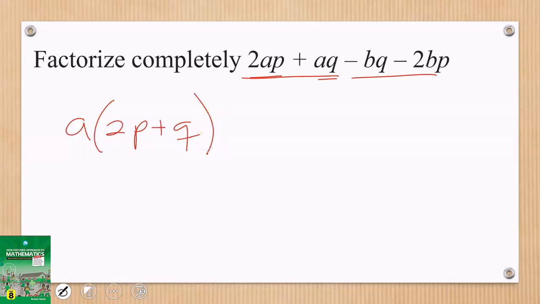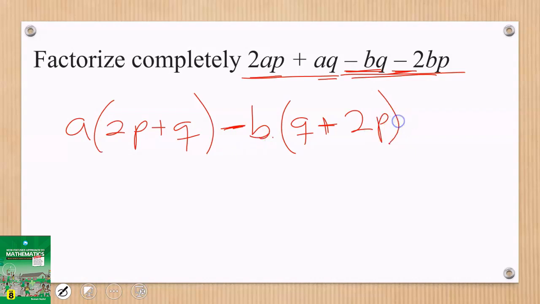Then the second term here, there's a minus, so I have to introduce minus. The common factor here is b. b goes out. Then I have q also. And again, here is minus, so to maintain the minus, I must put plus here, so that when I multiply negative by positive, I get a negative back. Then I have 2p, because b is out, so 2p is left.